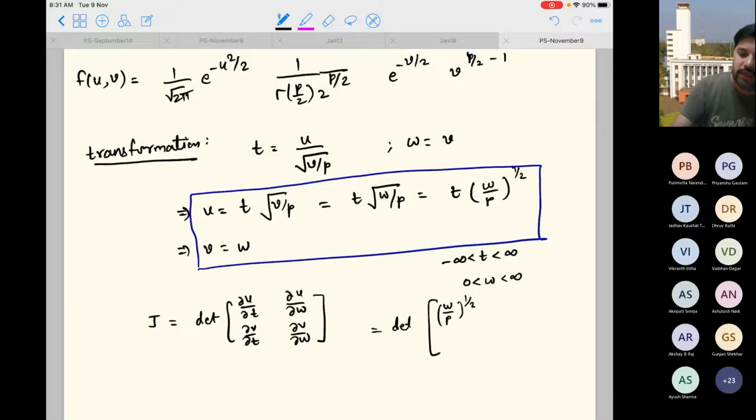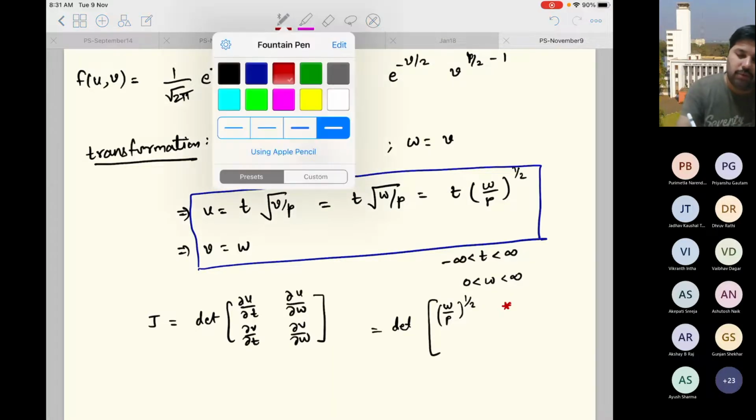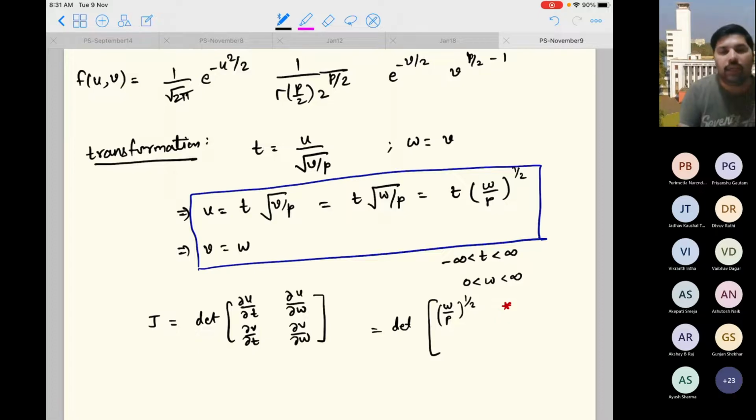Here, I will not really compute the derivative with respect to w. You can calculate it, but I don't need it, because del v by del t is equal to 0 and del v by del w is 1. So when I'm computing the determinant, this star derivative is going to get multiplied by 0. It doesn't matter. So this Jacobian is equal to w by p to the power half, right?